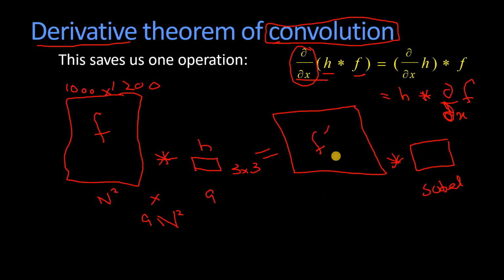Then you have the same image size again. If that was the f image, f prime is the same size, so it's also an n by n image. When you do the correlation with the Sobel operator, for now let's say we only use one direction, x, we don't use y.